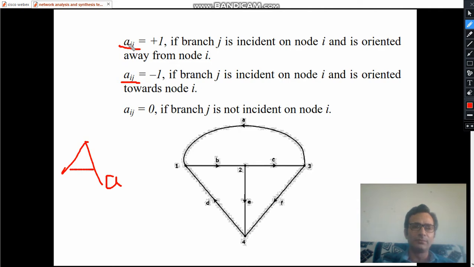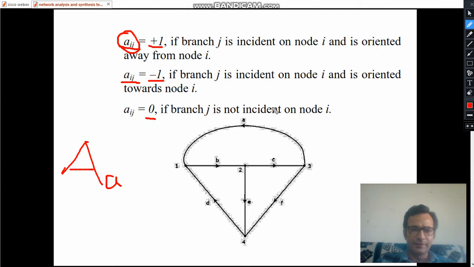So in row number i and column number j, the element will be either +1 or -1 or 0. It will be +1 if branch j is incident on node i and is oriented away from that node i.